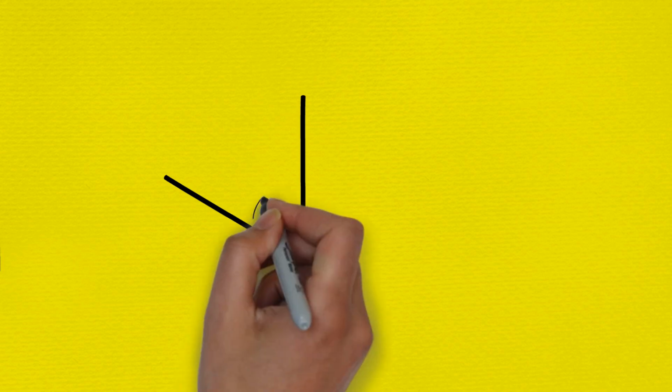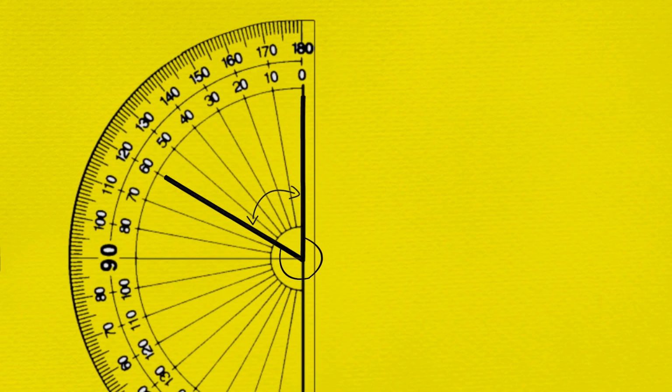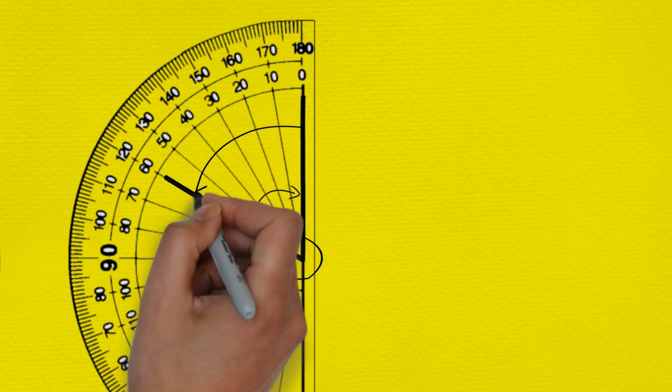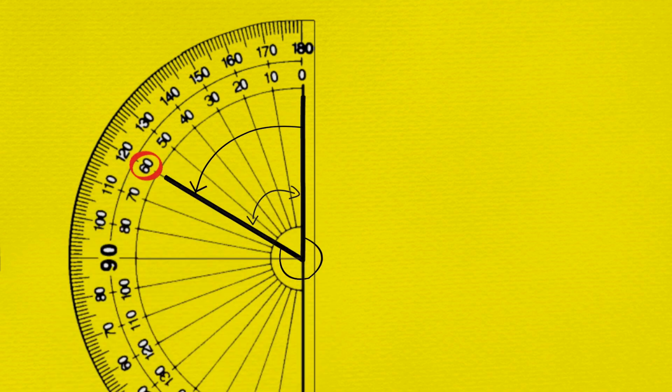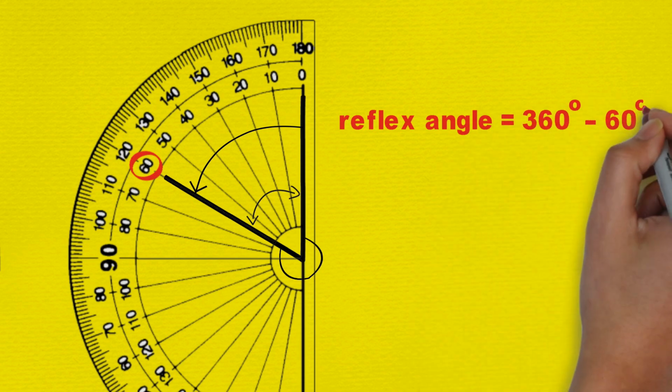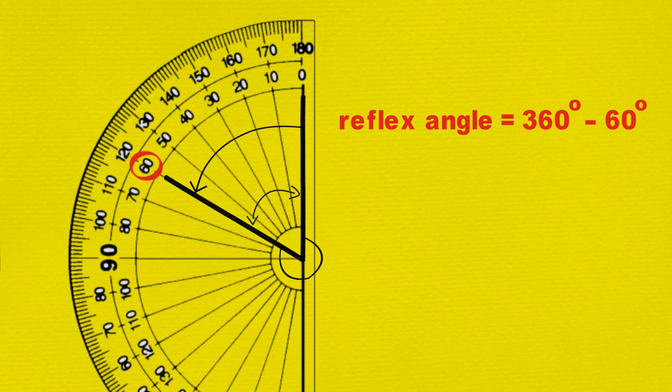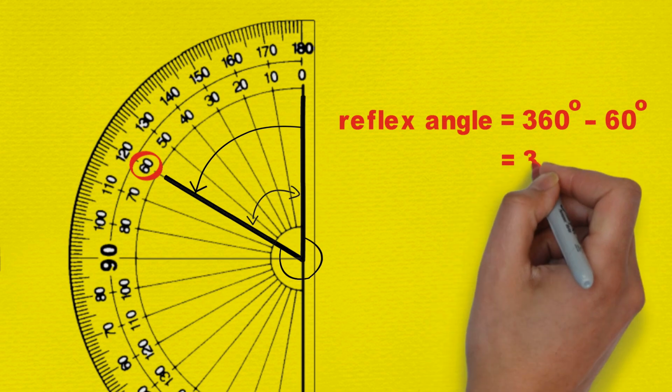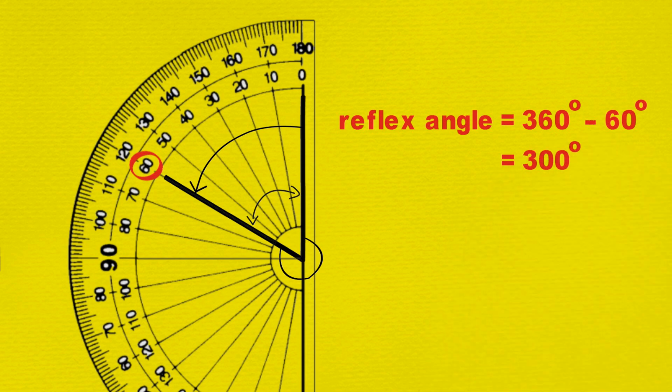The first way is to measure the acute or obtuse angle, which always combines with the reflex angle to make the full revolution. That is, this angle here. If we measure this angle with the protractor, we find that it is 60 degrees. So if we subtract this 60 degrees from 360 degrees, which is the full revolution, we will get the size of the reflex angle, which works out to be 300 degrees.